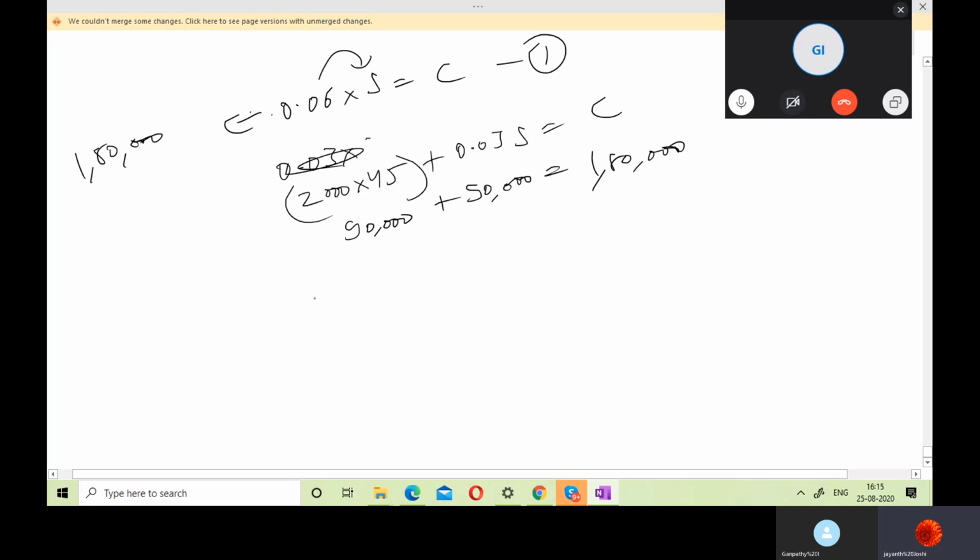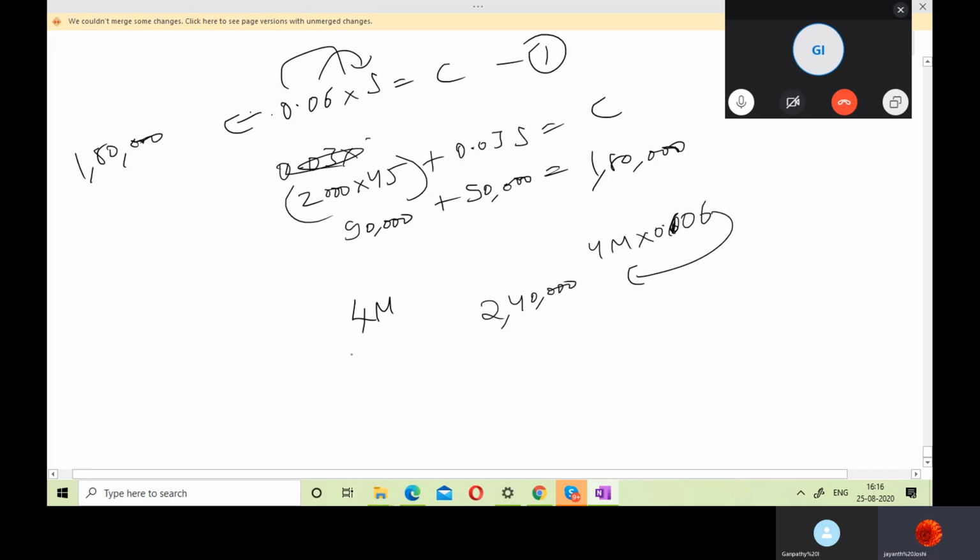But suppose if I take more than 3 million, suppose I take 4 million. So now 4 million into this is $2,40,000. Okay, 4 million is the sales into 0.06. Suppose they are saying if it is above that, then what is the option?